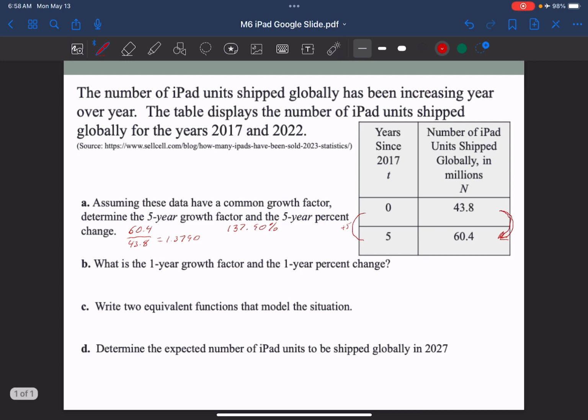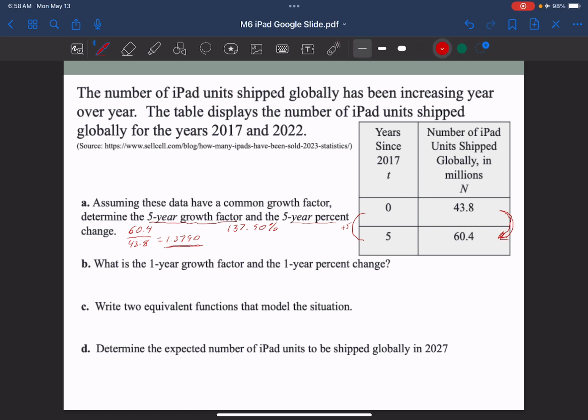So my 5-year growth factor, just clarifying here, is 1.3790. And from that, I can find my 5-year percent change by first changing the growth factor to the percent, which is 137.9.